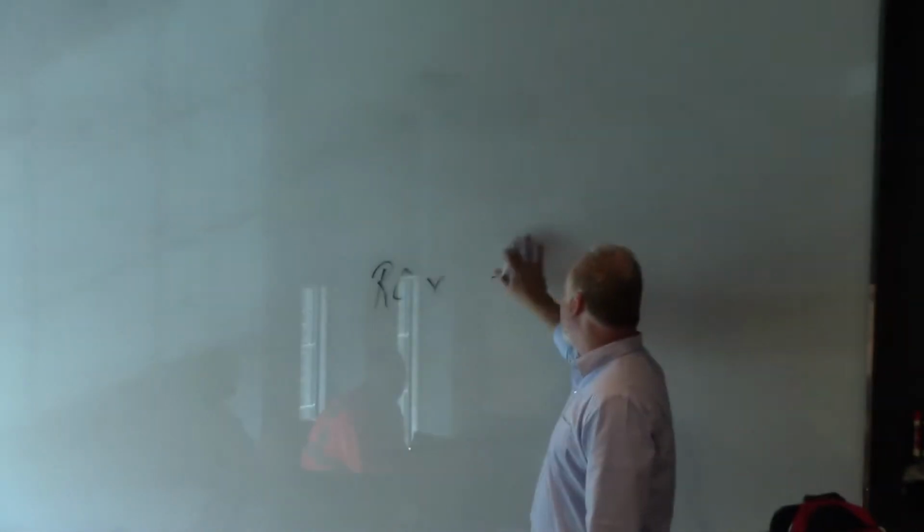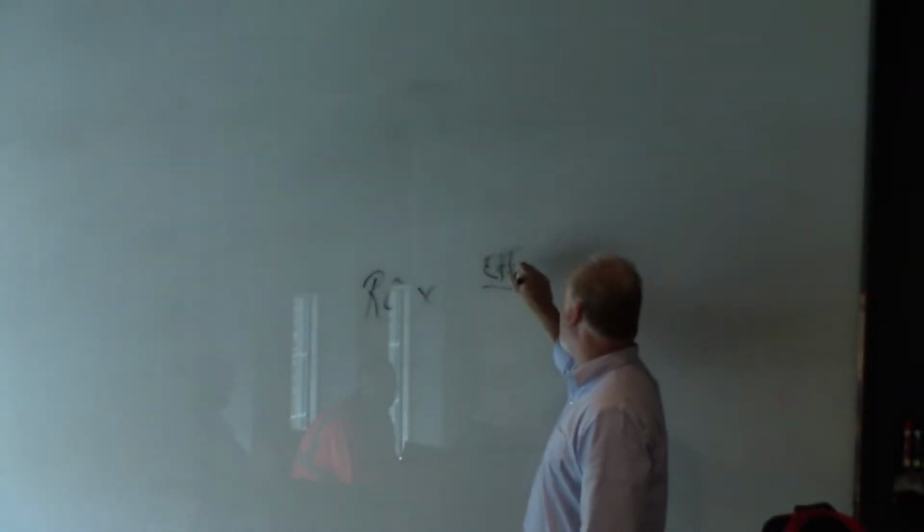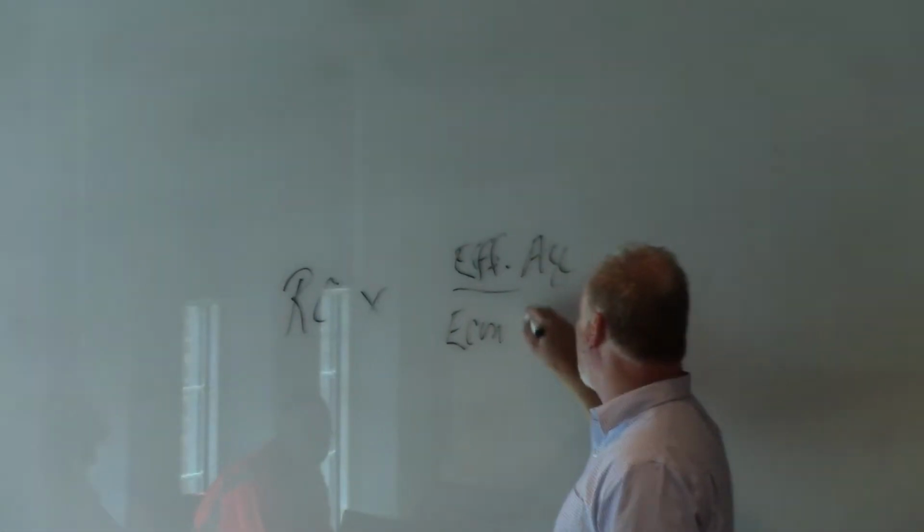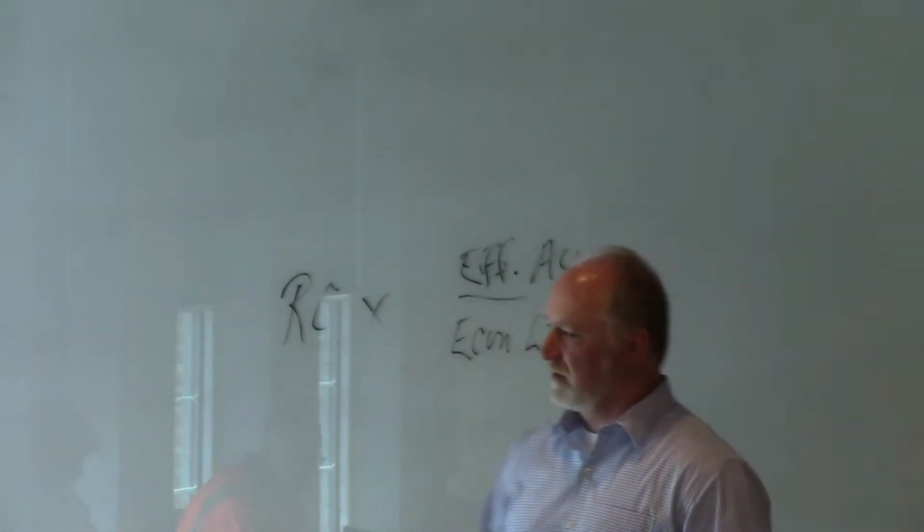Yeah, the effective age over the economic life. So you have replacement cost times the effective age over the economic life. That will tell you how much that building has depreciated.